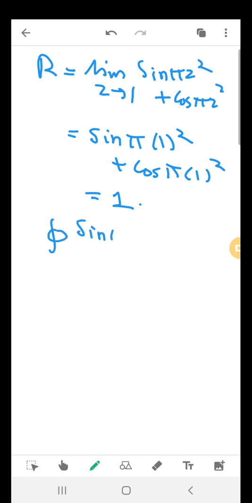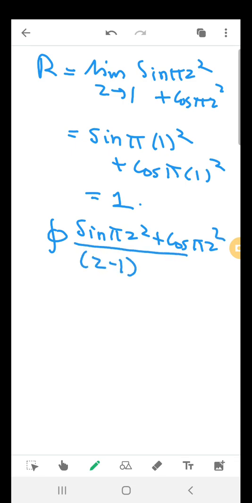And the value of the integral of sine pi z square plus cos pi z square divided by (z minus 1)(z minus 2) dz, according to the residue theorem, will be 2 pi i into the sum of the residues.